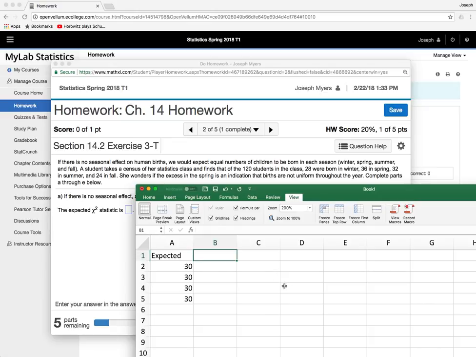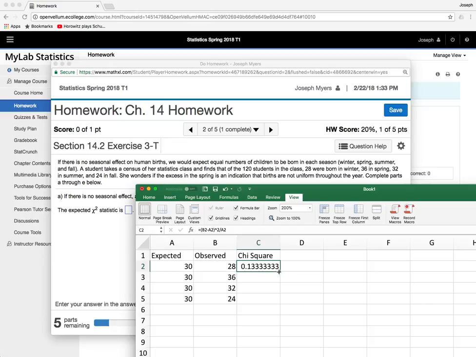The observed number of children is 28, 36, 32, and 24. And as you know, the chi-square statistic, or the chi-square value, is computed by doing observed minus expected, parentheses squared, divided by expected.